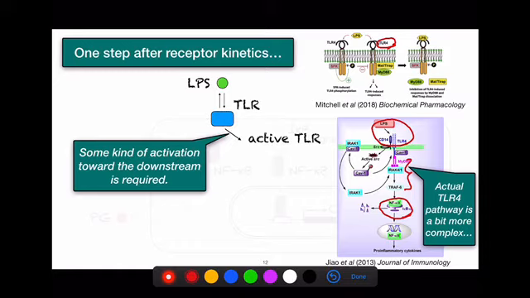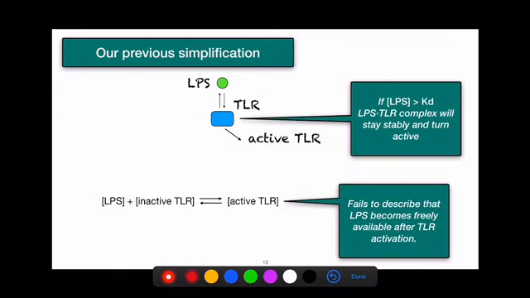What we have discussed is the binding of LPS on TLR, and it will activate TLR. This simple dynamics itself is also simplified. Our previous simplification has been possible under the assumption that LPS is close to or larger than KD.